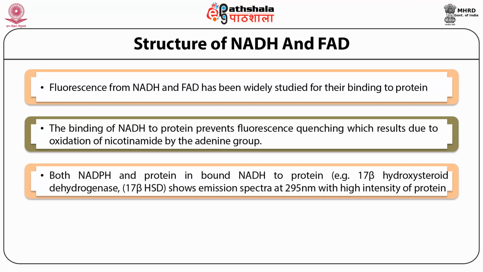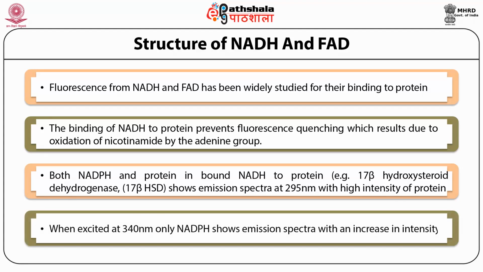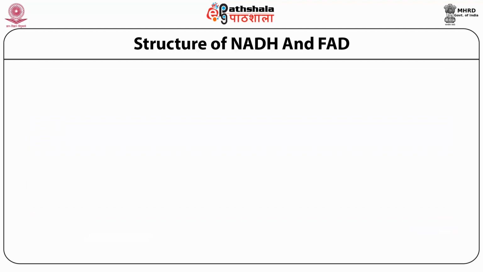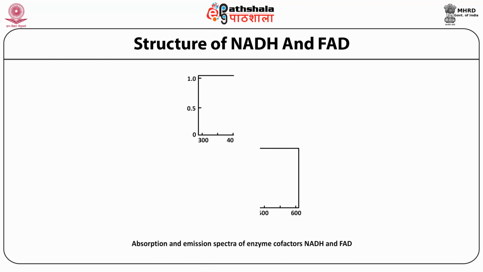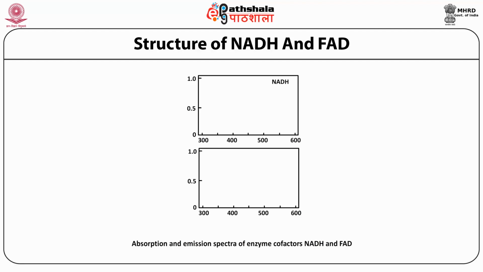Both free NADPH and protein-bound NADH show emission spectra at 295 with high intensity of protein. When excited at 340 nanometers, only NADPH shows emission spectra with increase in intensity. From this spectra, you can see the absorption and emission spectra of enzyme cofactors NADH and FADH.